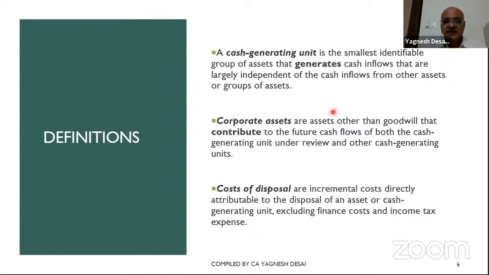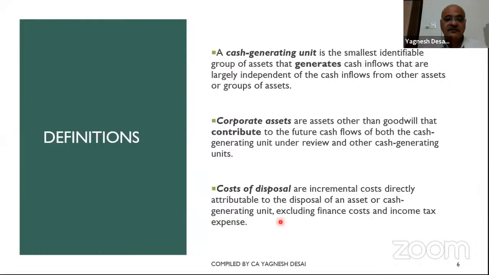Now, cost of disposal: these are the incremental costs directly attributable to the disposal, like for example stamp duty paid, transfer fees, any legal fees, any other thing. But the capital gains tax payable is not the cost of disposal, excluding finance cost and income tax expense, right, sir? All right. But there is something called holding cost.